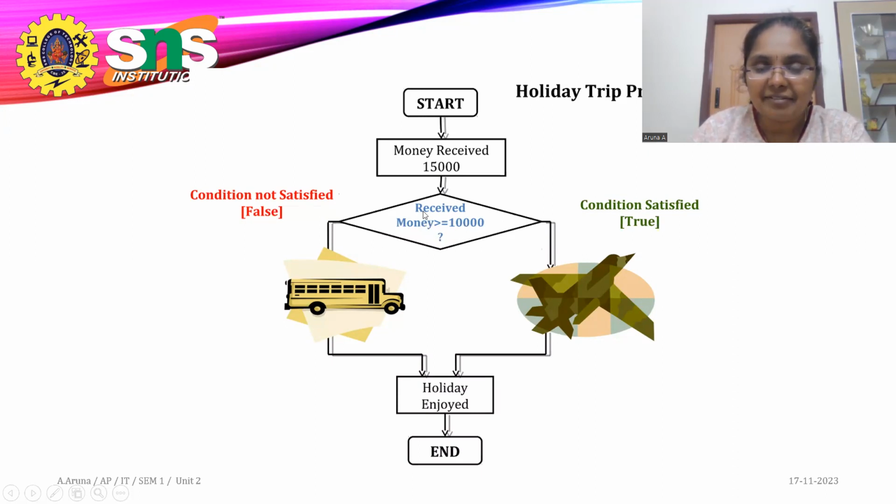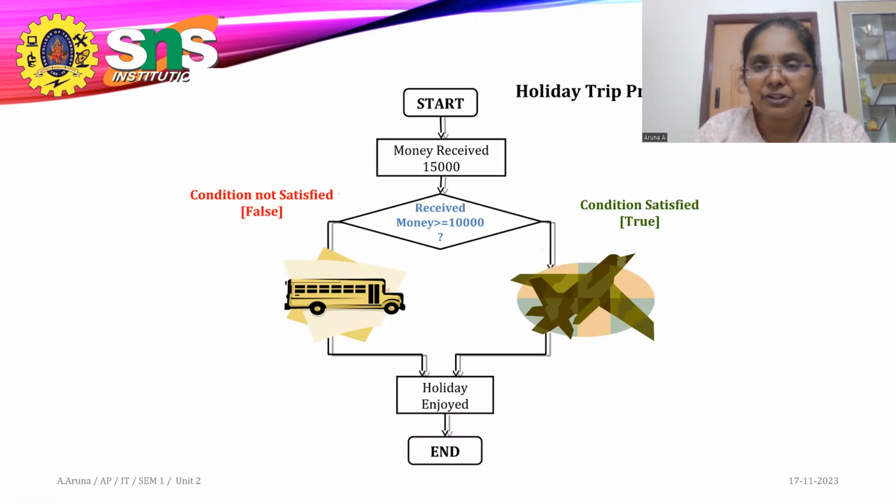While checking the condition, your received amount is 15,000, and 15,000 is greater than or equal to 10,000. The condition is checked, and the statement is true. So you plan a foreign trip and enjoy the holiday. After spending all the amount, you can return back home. So this is the holiday trip plan.